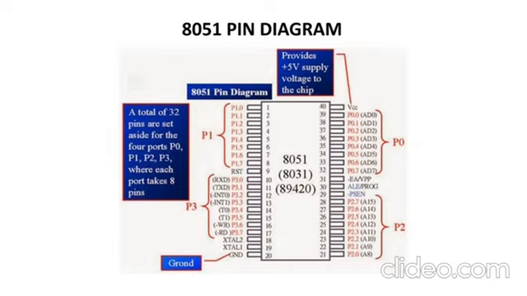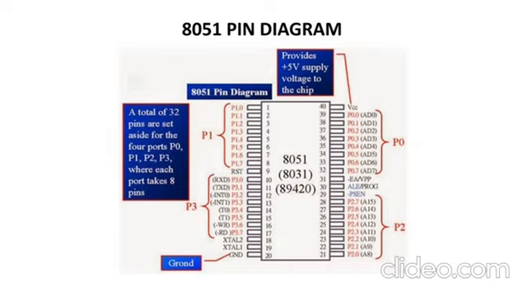So these are all the pins, and here a total of 32 pins are set aside for the 4 ports: port 0, port 1, port 2, port 3, where each port takes 8 pins. So out of 40 pins, 32 pins are taken for the 4 ports.